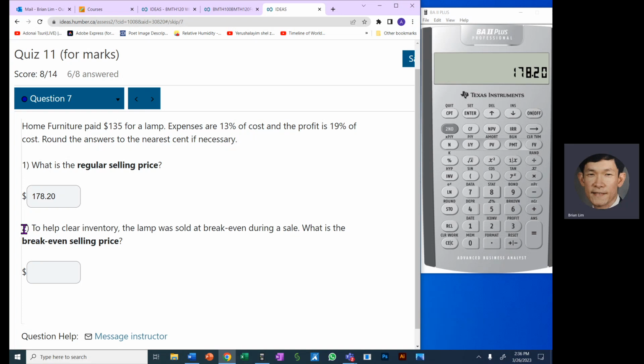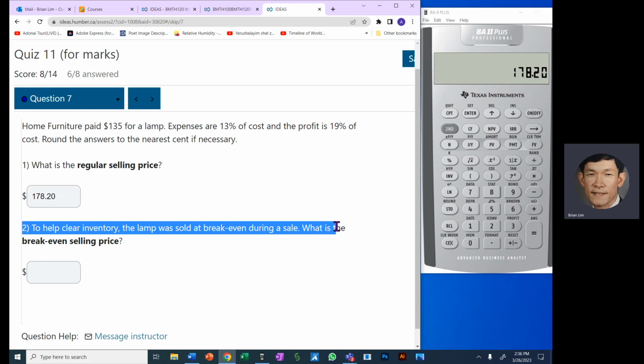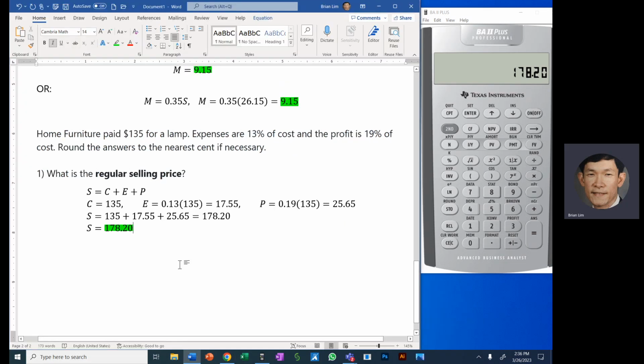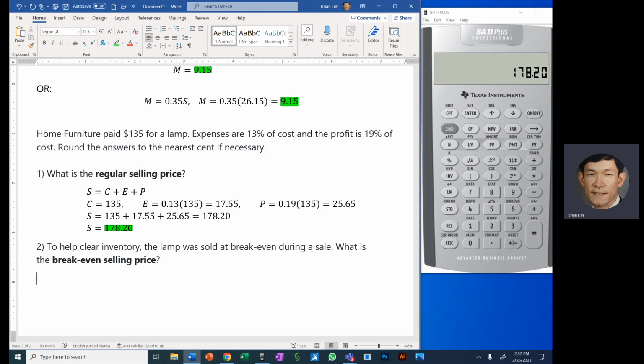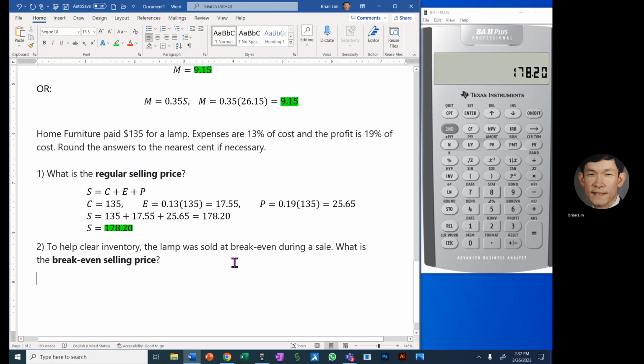To help clear inventory, the lamp was sold at break even during a sale. What is the break even selling price? So now we have to find the break even selling price. So let's come down here. And the selling price at break even is, so what happens at break even?